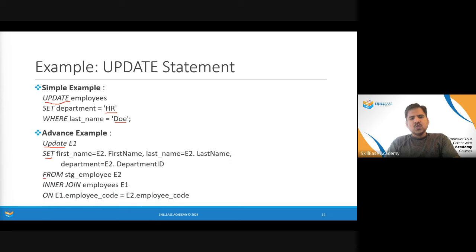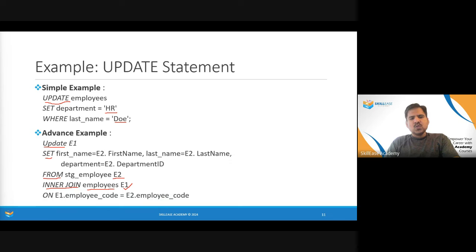Then use the from keyword. You provide the table name, a staging table name. Here we are using stage underscore employee as E2. And then inner join the employee table as E1. So this employee table is going to be updated with the data of the stage employee table.